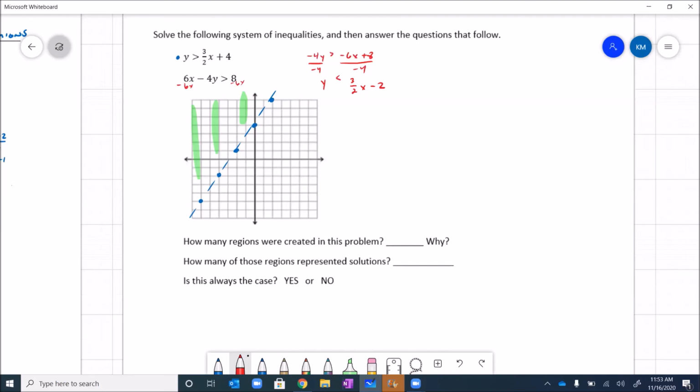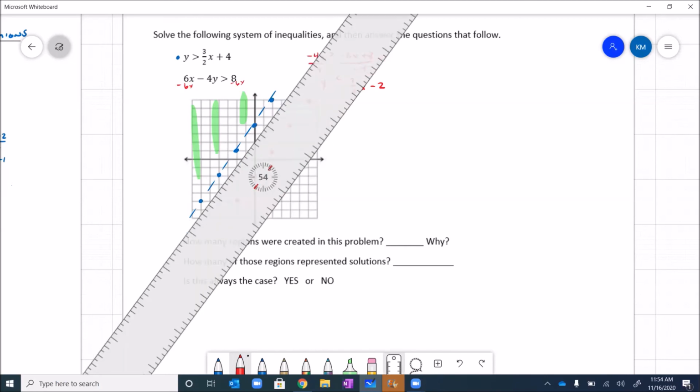Up 3 over 2, down 3 over 2. All right. And our line. This line is going to be dotted.